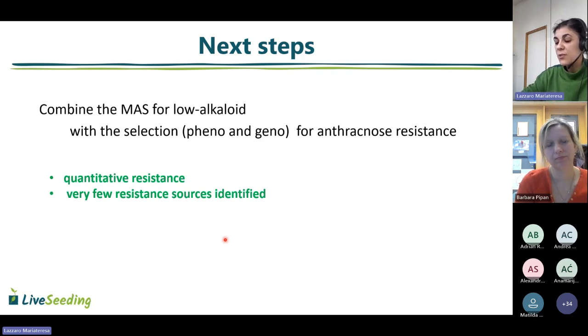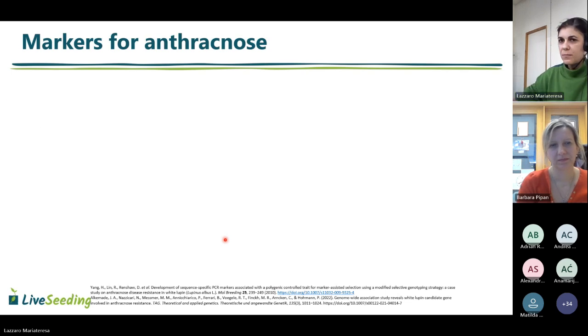Anthracnose resistance is a much harder trait to tackle because it is quantitative, and because, as I said, there are very few lines or genetic resources with resistance which were identified that can be used to improve the breeding material.